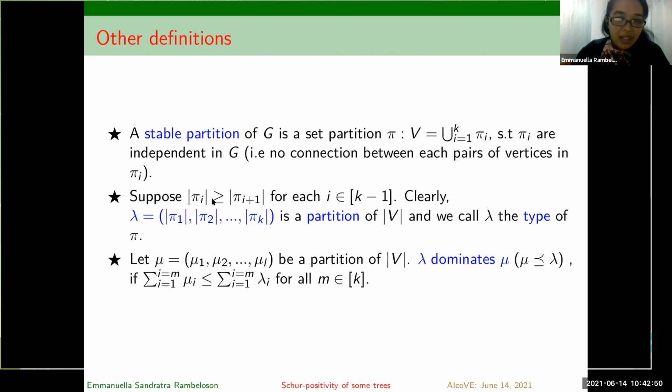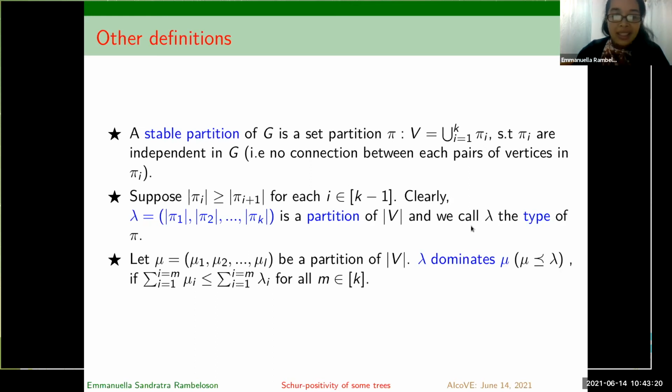Suppose that the size of π_i is larger than or equal to the size of π_{i+1} for any i between 1 and k minus 1, where k here is the number of blocks π_i. Clearly, we must have that this λ here, which is the size of π_1, size of π_2, and so on, size of π_k, is a partition of the size of V.